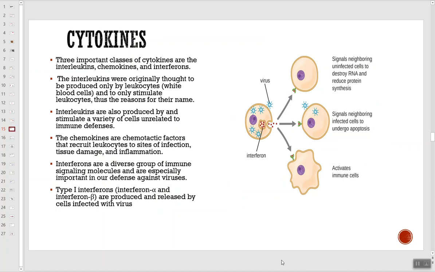Okay, guys, going back to our cytokines, the three classes that we're going to talk about are interleukins, the chemokines, and then the interferons. Interleukins, remember that the white cells are called leukocytes, so you might pick up on the fact that interleukins are things that are produced by the white cells, and they are to communicate with the other white cells.